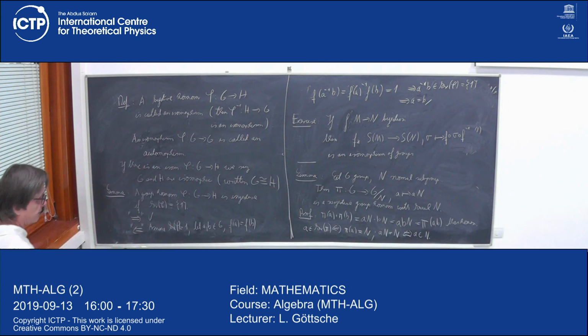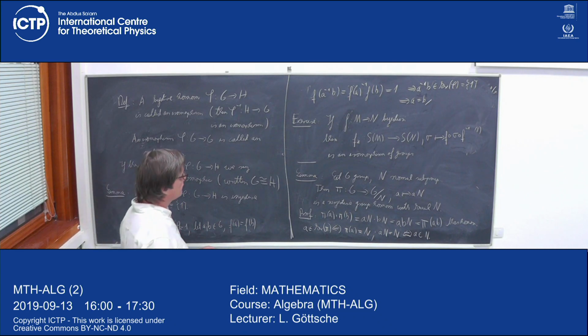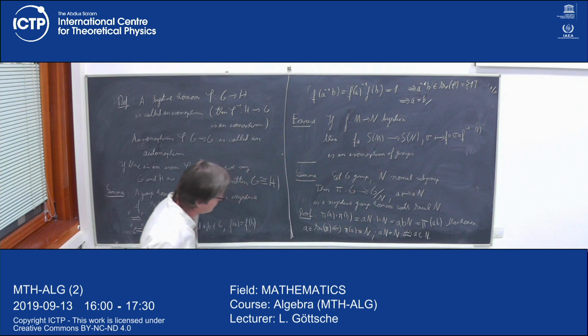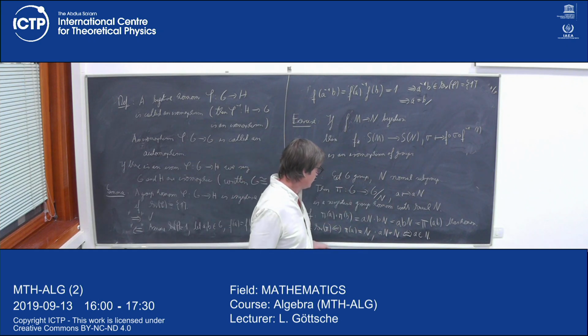We will come back to this in a moment, but anyway, we have seen that if we have a group and a normal subgroup, we can always form this factor group. You could view this as a way of simplifying your group.